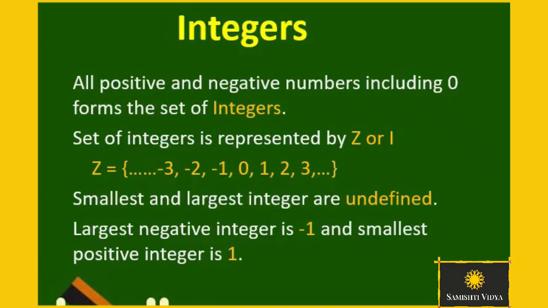The set of integers is represented either by Z or I. Both the smallest and the largest integer are undefined. But the largest negative integer is -1, whereas the smallest positive integer is +1.